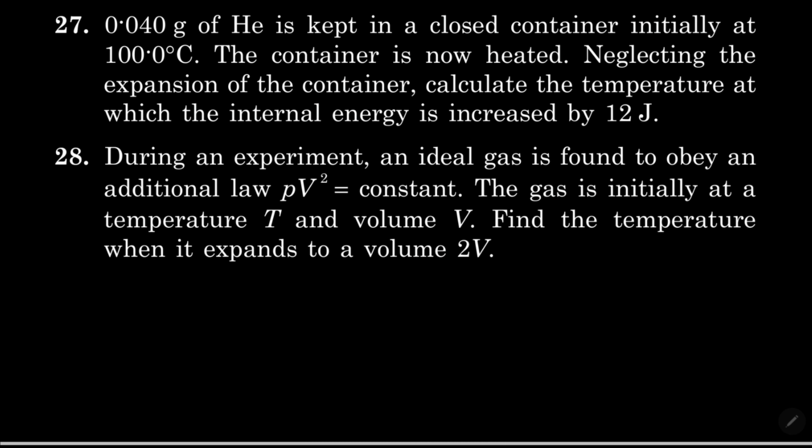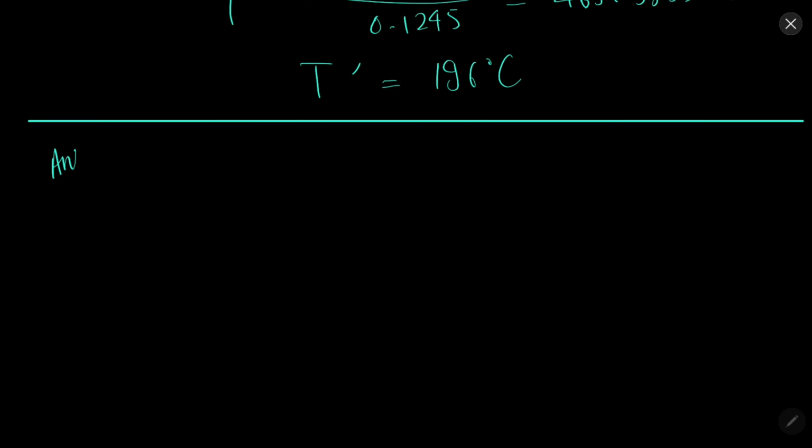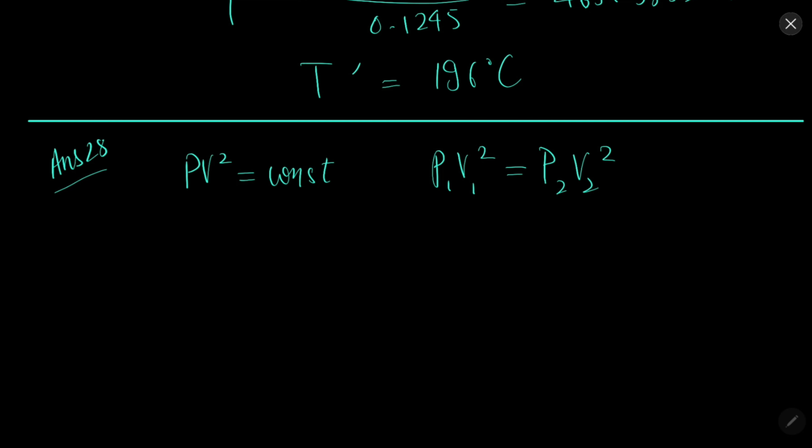In question 28, during an experiment, we need to find the temperature when it expands to a volume 2V. Solution 28. PV square equal to constant, P1 V1 square equal to P2 V2 square.